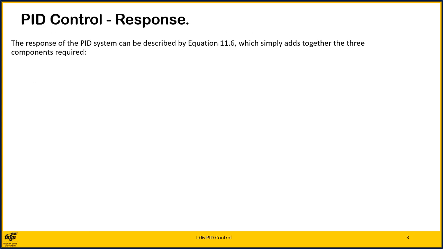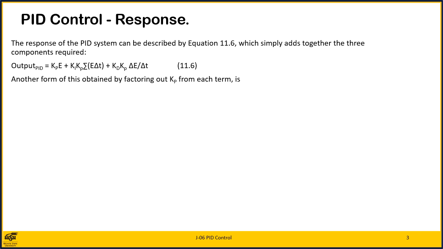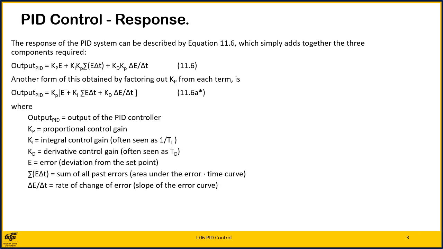The response of the PID system can be described by equation 11.6, which simply adds together the three components required: the proportional, the integral, and the derivative. Another form of this, obtained by factoring out Kp from each term, is 11.6a, where the components all have a very familiar feel about them.